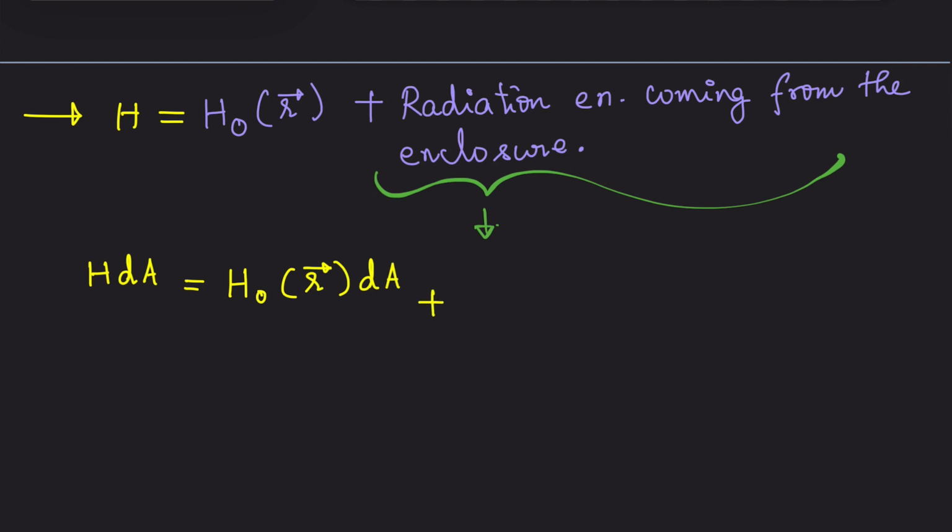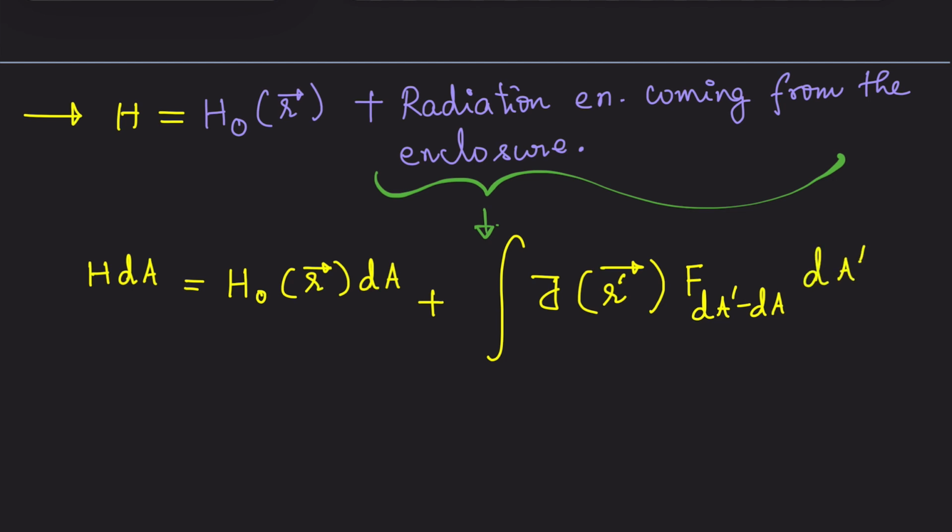Now plus, now we know that J is the radiosity and that is a function of r dash, right, into F dA dash to dA. So this is per unit area, so I have to multiply with dA dash. This I have to integrate over the enclosure area.